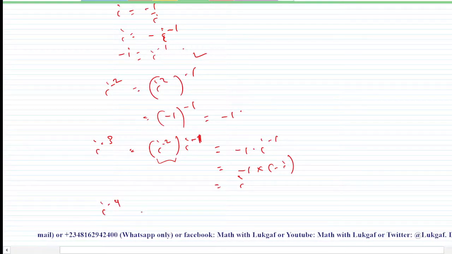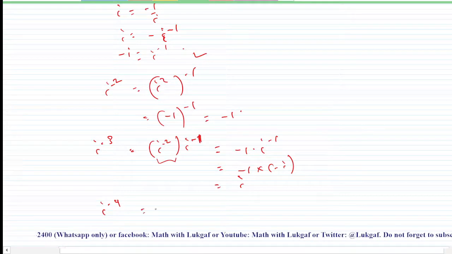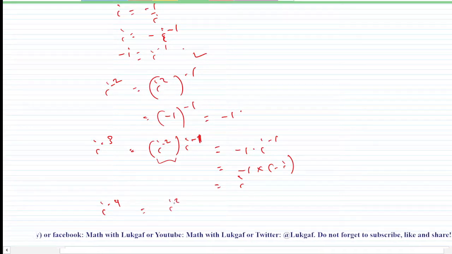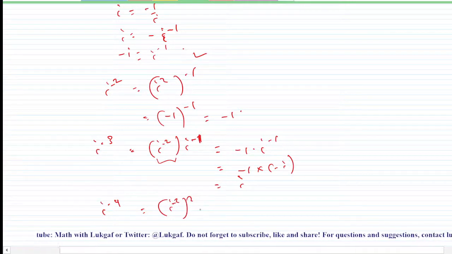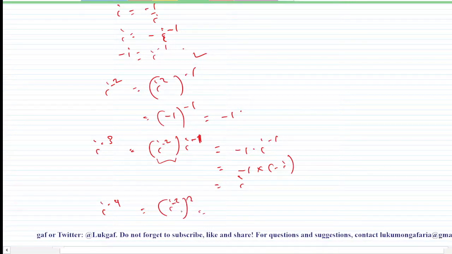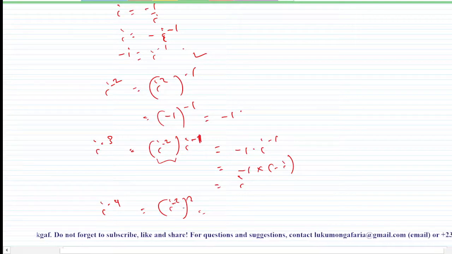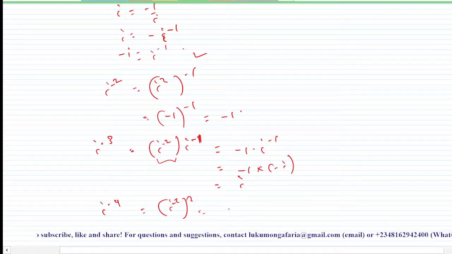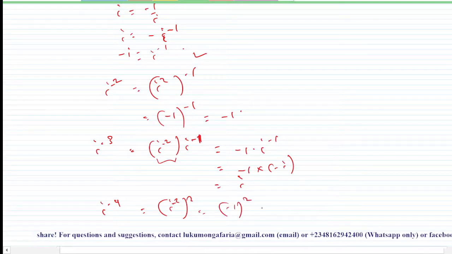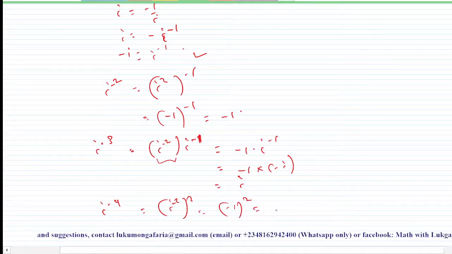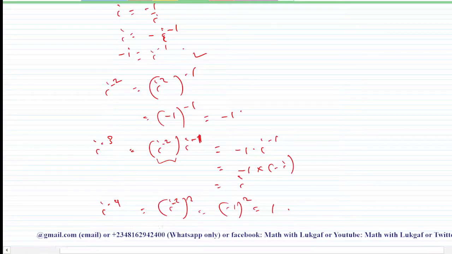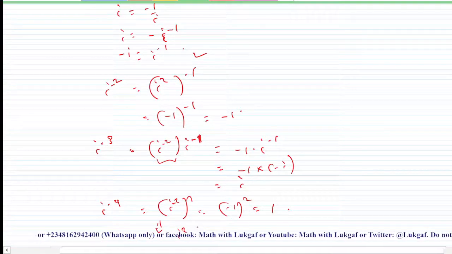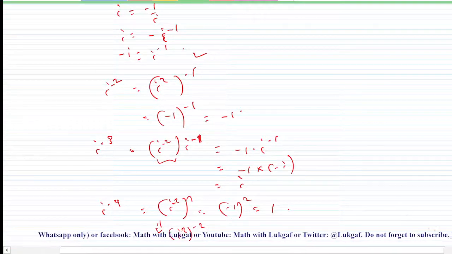Okay, what of i raised to minus 4? You are also thinking of it as the same thing as i raised to minus 2, everything raised to 2, isn't it? And don't forget, i raised to minus 2, like we've obtained here, is minus 1, everything raised to 2. That's going to give me 1. Another way you can do this is to rewrite it as i raised to 2, everything raised to minus 2.